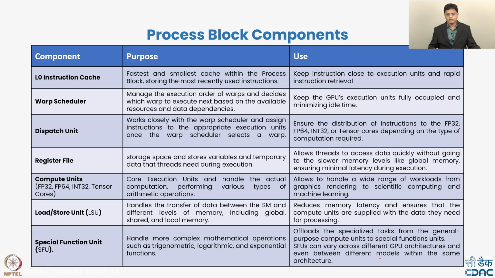It allows handling a wide range of workloads from graphics rendering to scientific computations and machine learning. Load and store units, as I already discussed, have the functionality of moving the data from the global memory, shared memory or local memory to the register file. The ultimate aim of the load and store unit is to provide reduced memory latency.